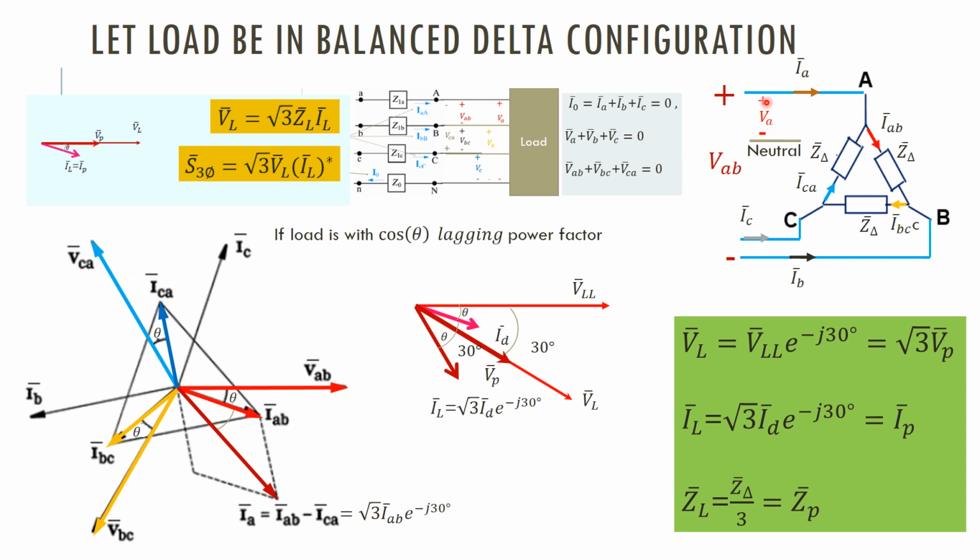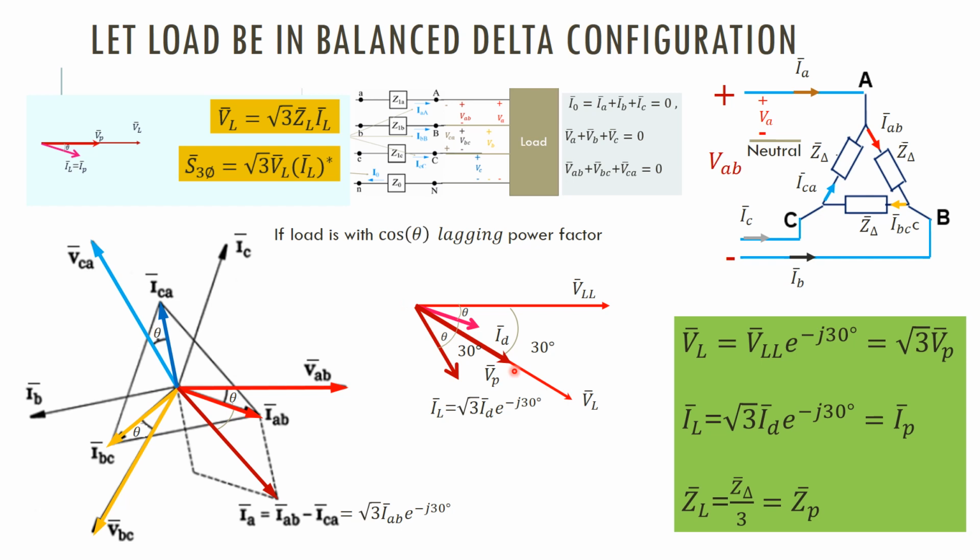That phase voltage VA will be equal to the line to line voltage VAB divided by root 3 and e to the power plus j30. So you phase shift by minus 30 degrees and divide by root 3. Then it comes here, right? You know that in the earlier equation you found VP times root 3 will be equal to VL. So this is what we are having.